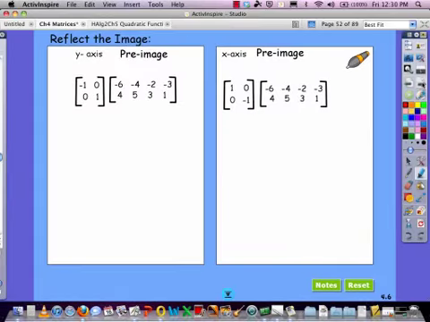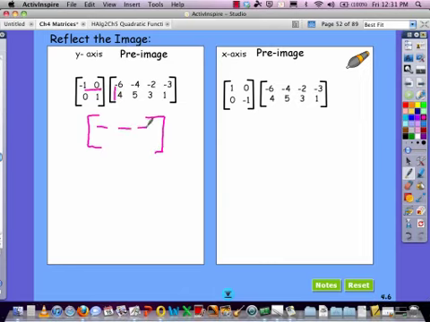So if we say reflect this image over the y-axis, you could go through our multiplication, but if we can go faster, we want to. But let's just review our multiplication on this one. So if we want to do a y-axis reflection, we've got first row, first column.